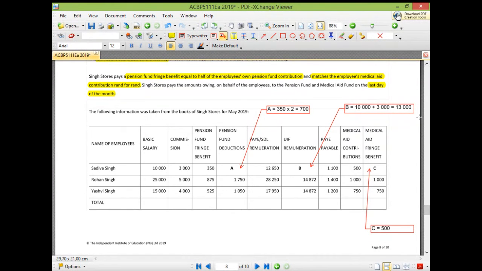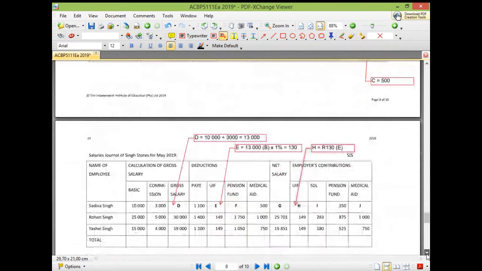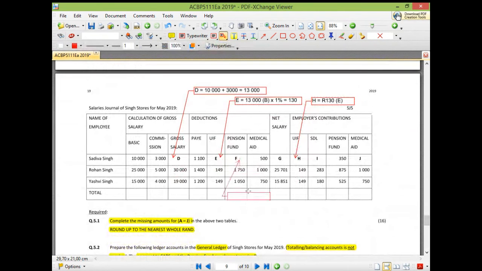The 700, yes. Yes, so the 700, that's correct. So her pension fund contribution is the same as her pension fund deduction. So that is the 700, which was the amount we calculated in A. Okay, that's how you got to that.